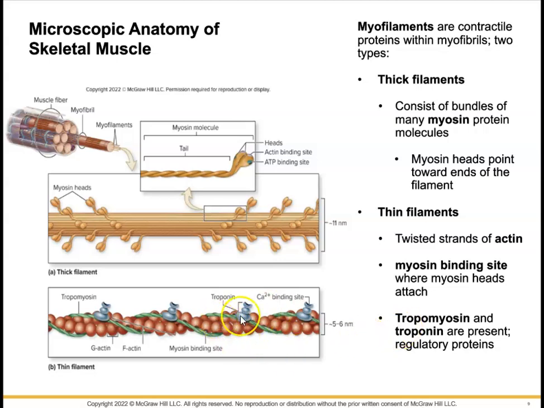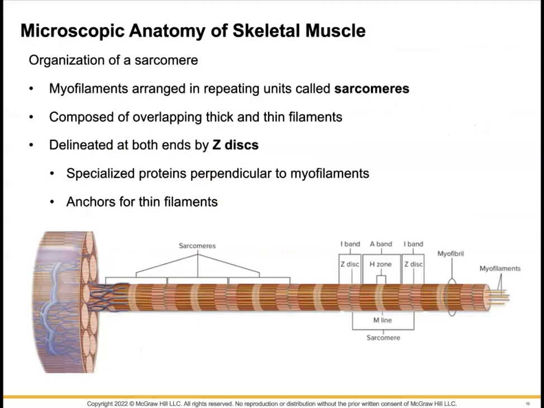So troponin, the blue proteins, and the tropomyosin, the green rope, are called regulatory proteins because they regulate when actin and myosin can get together. I know this video is getting a little long, but bear with me. We just have a little bit more on the microscopic anatomy that we've got to understand before we can talk about muscle contraction.